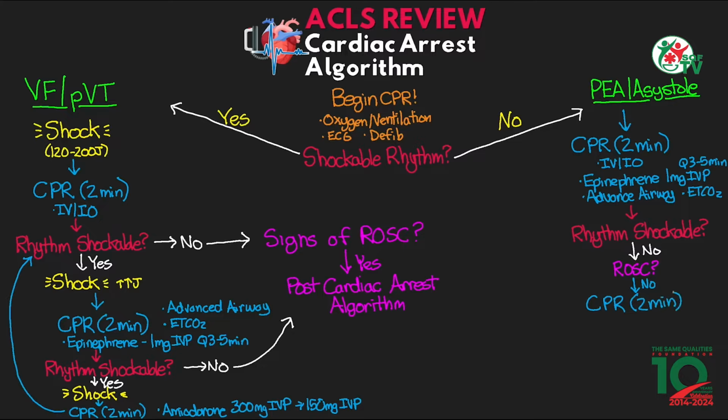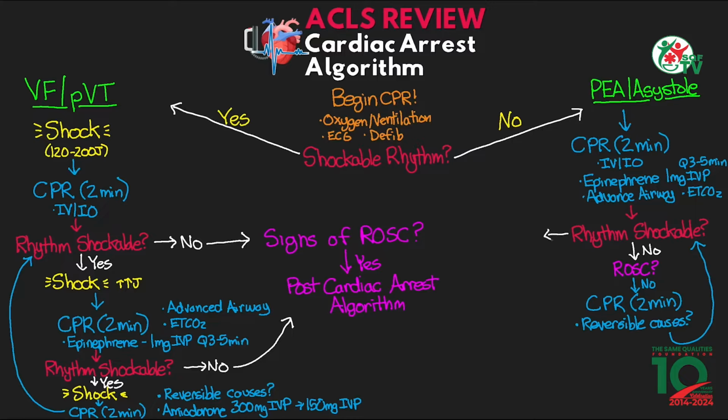And I forgot to mention this at the last stop, the last point at which we do CPR in the left branch: it's at this point where we want to assess and treat for any of our reversible causes of cardiac arrest. And so again, after these 2 minutes, this is when we are going to loop back around, and check again on whether or not the patient has a shockable rhythm and whether or not they have achieved ROSC.